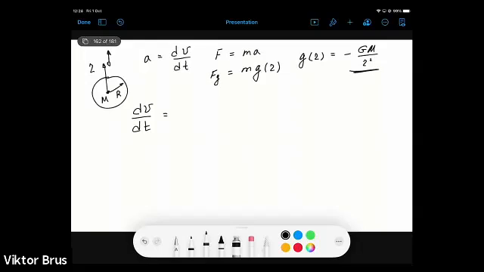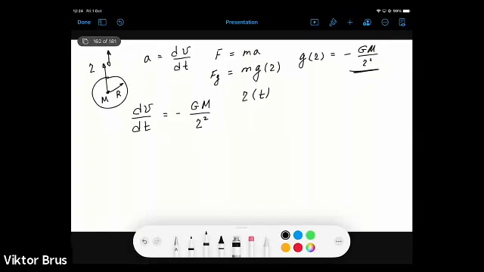Instead we put this expression, so it will be minus G times mass of the planet divided by r squared. Now we have a problem here, because we have dv, dt, and here it's just distance r. We cannot split the variables because r is not a constant. r is a function also of time.